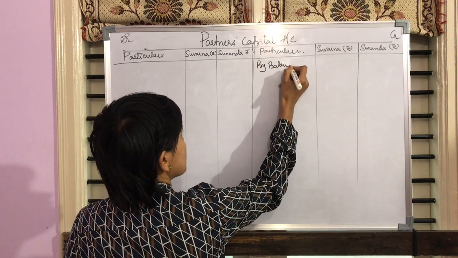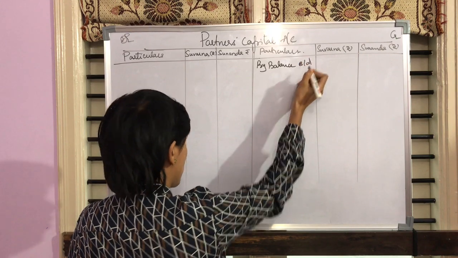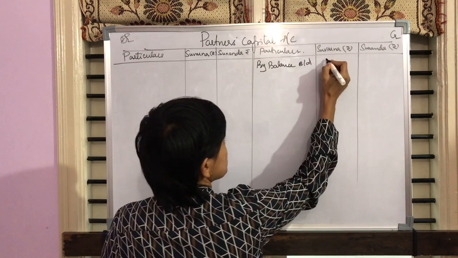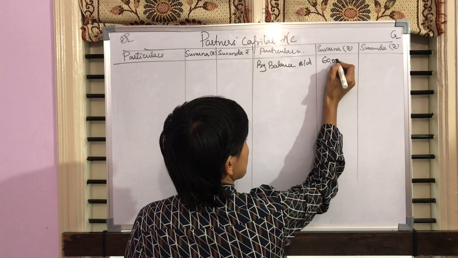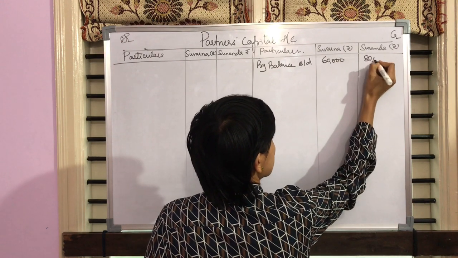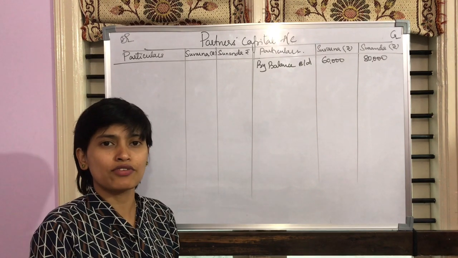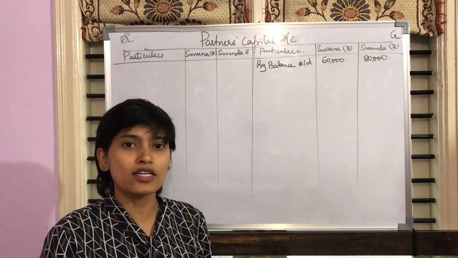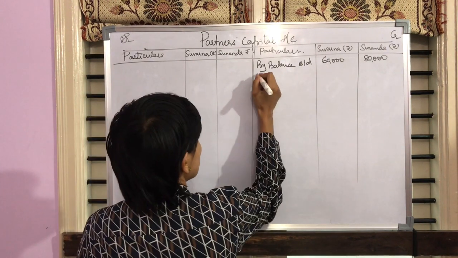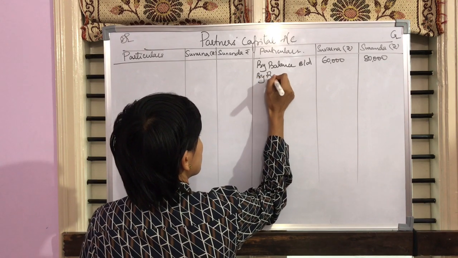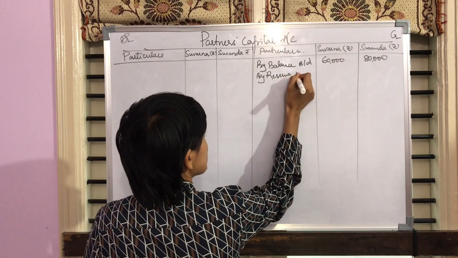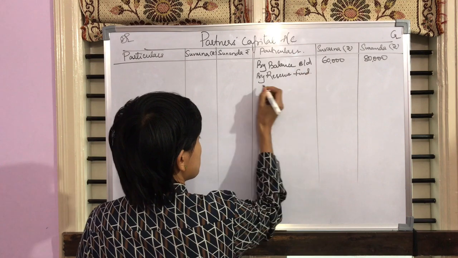By balance brought down. Suvarna's capital amount is 60,000. Sunanda's capital amount is 80,000. The next information given in the question is about reserve fund. So let's distribute reserve fund among the partners.